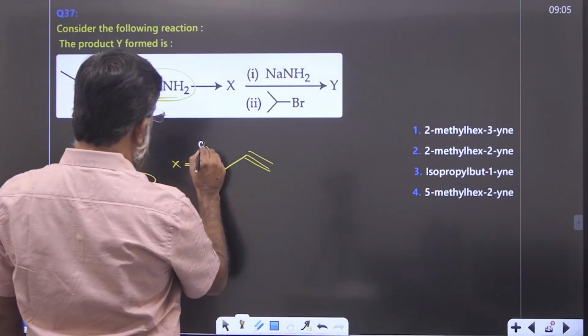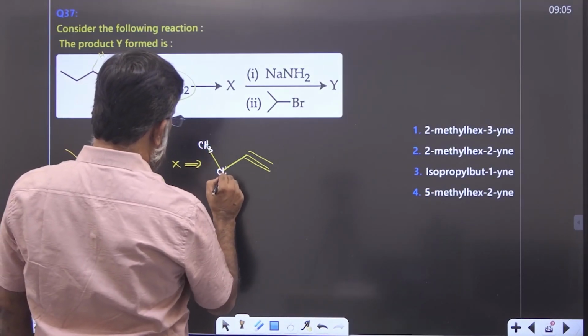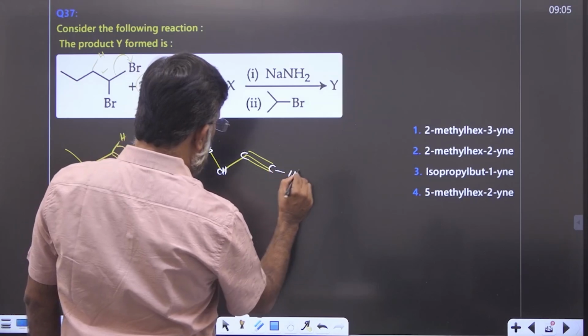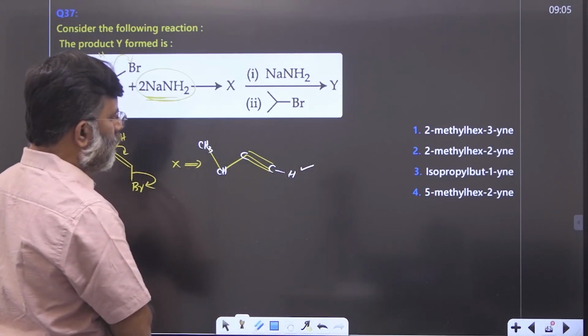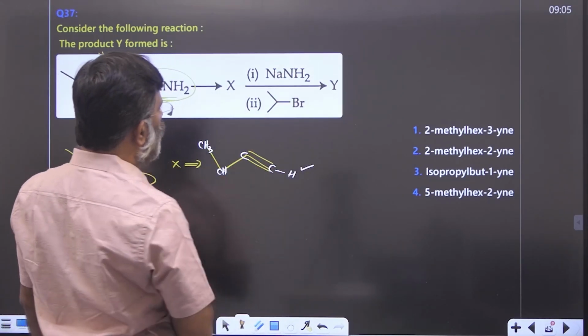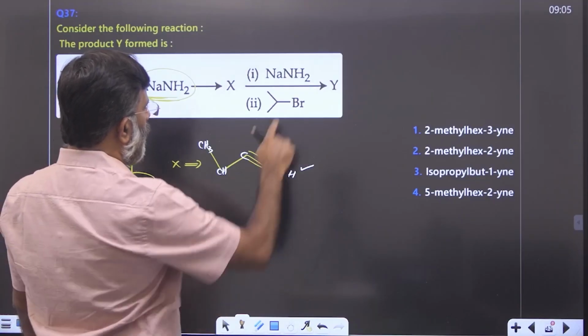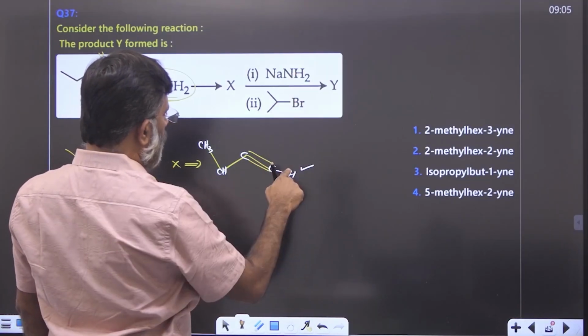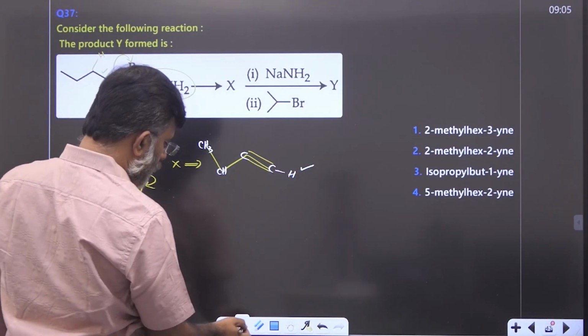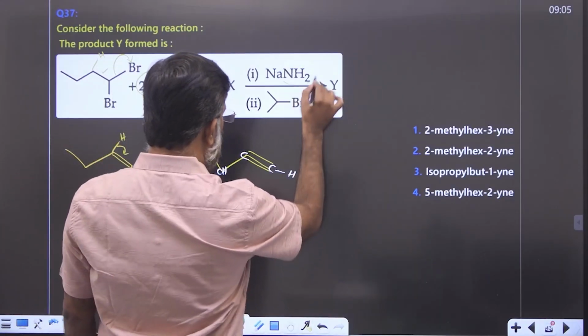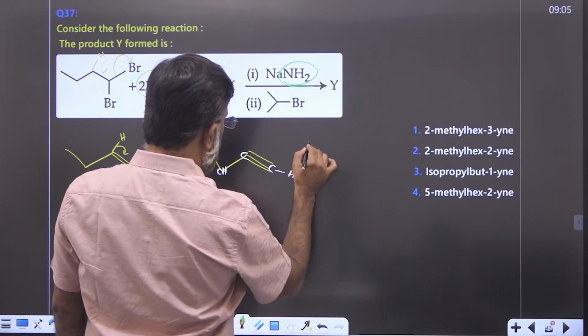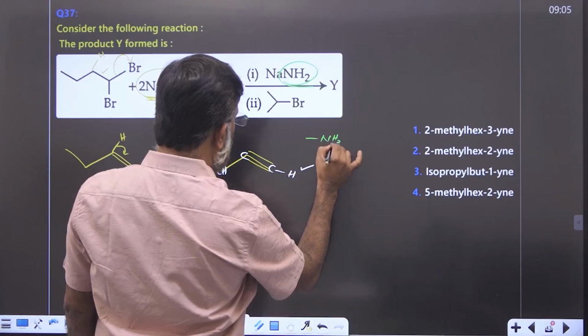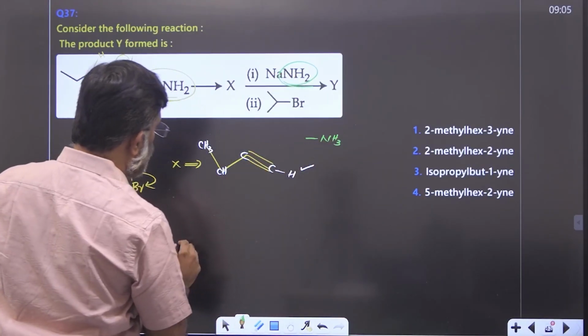The hydrogen connected over here is acidic in nature and will respond to this. NH2 minus and H plus come out as ammonia, and you will get a sodium salt.